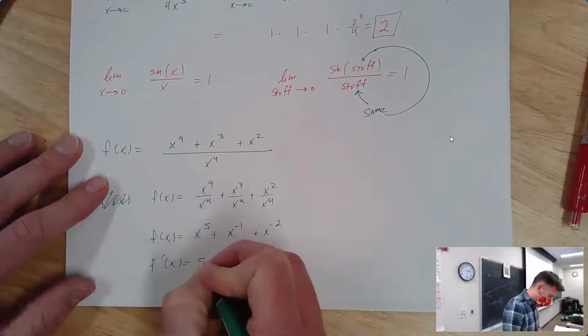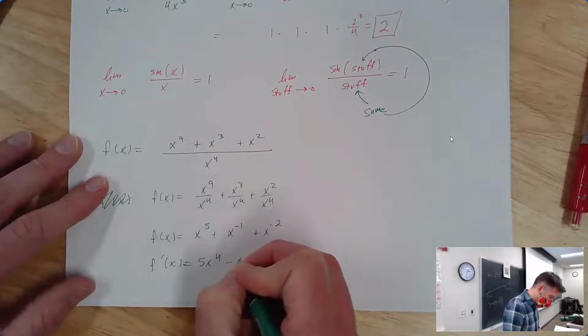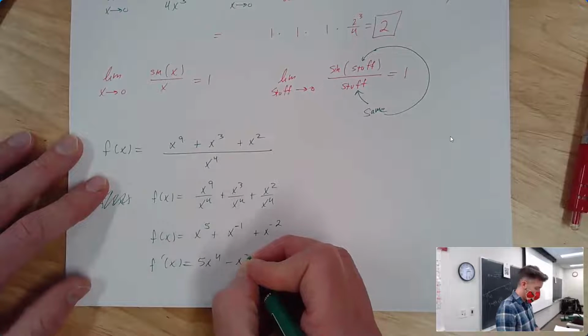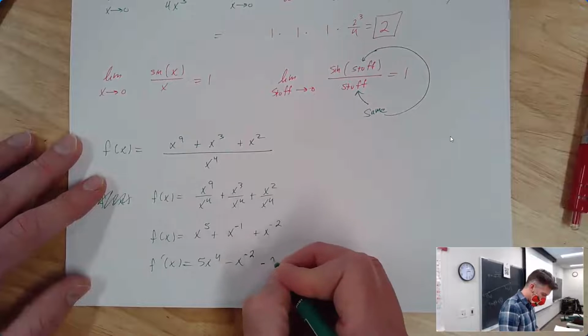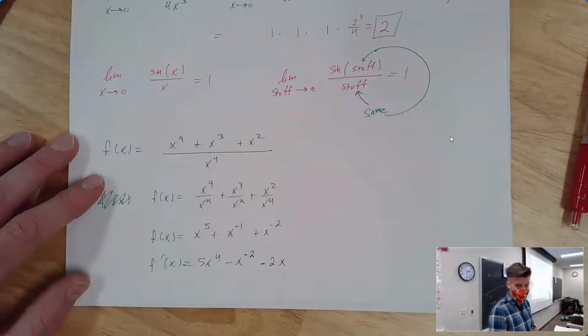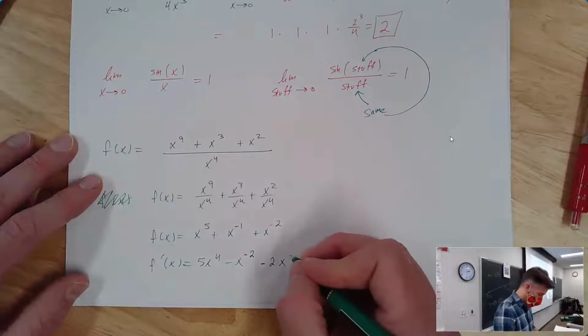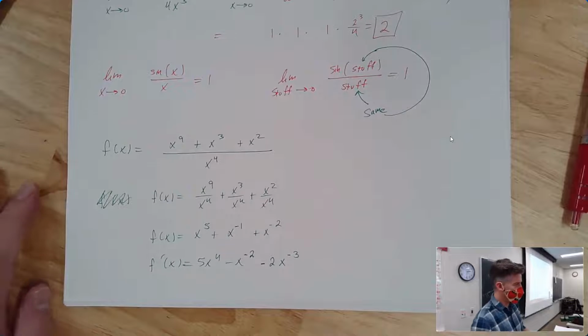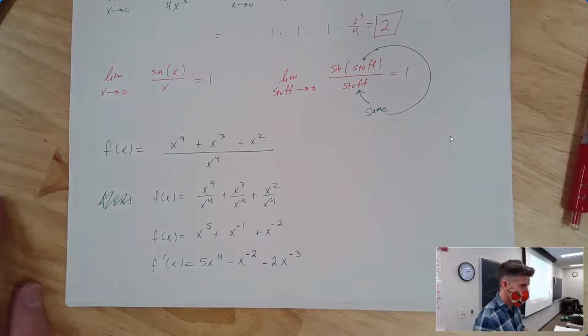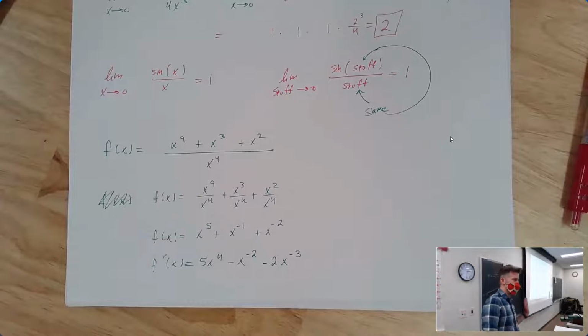It's going to be 5x to the 4th minus x to the -2nd. And then what's the last part going to be? Minus 2 times x to the what's my new power? Yeah. That's way better than doing the quotient rule. I'm going to avoid the quotient rule whenever I can. Not that we'll never use the quotient rule, because it's an important rule, but it's nice to have other options.